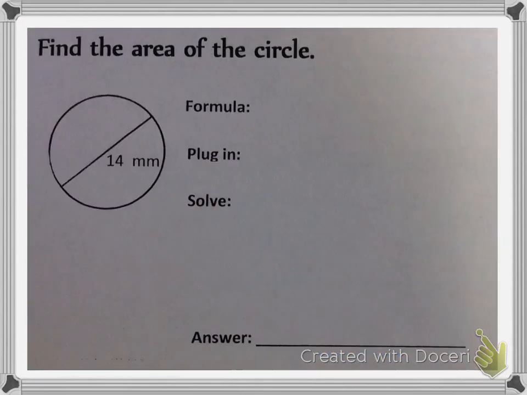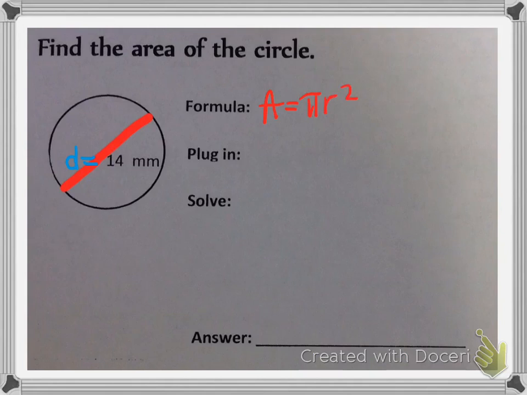Here we have find the area of the circle. This time we have a line that goes from one edge of the circle to the other through the center. That is the definition of diameter. So let's solve this. We have our formula of A equals pi r squared.